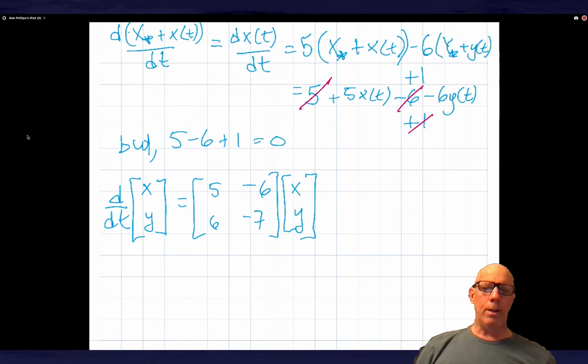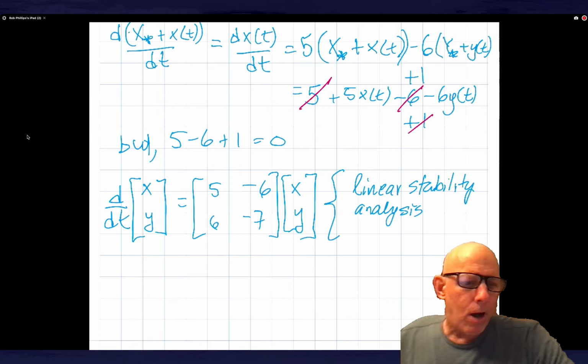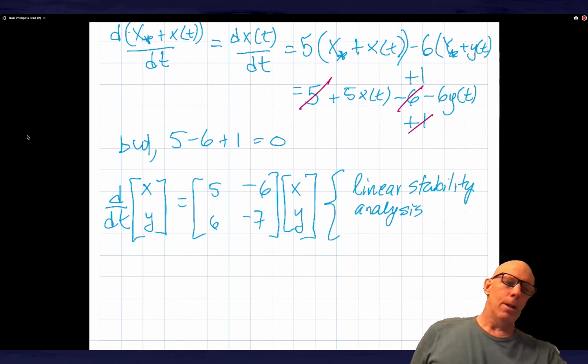So this is a matrix way of writing our two coupled differential equations, and this is our linear stability analysis, although it's a little bit uninteresting in the sense that the original equations were themselves linear, so we didn't really have to do any stability analysis. Didn't say that right. We did not have to do any Taylor series to pick off the leading order terms in the perturbation.